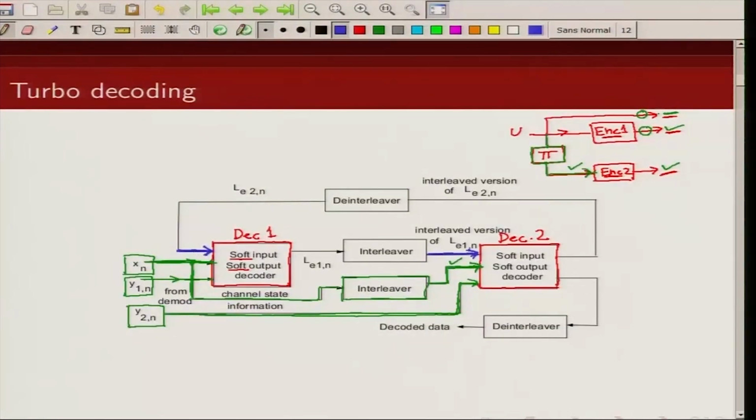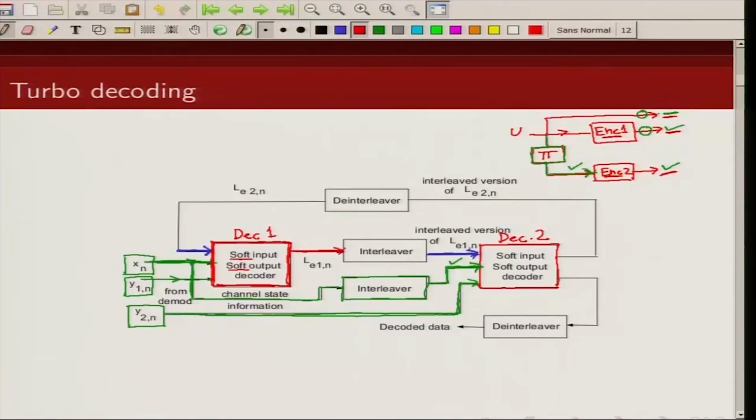Now once we feed these three inputs to this decoder 1, let us pay attention to the outputs of decoder 1. So decoder 1 is giving us two pieces of information, one of which is what we call extrinsic information.